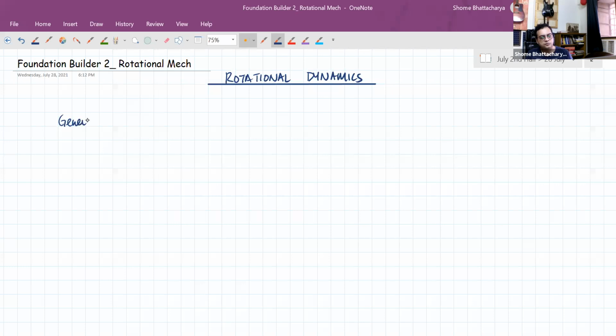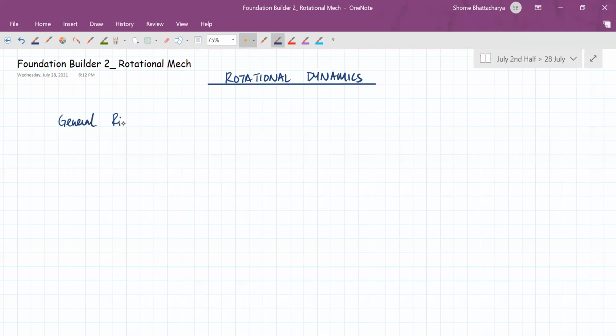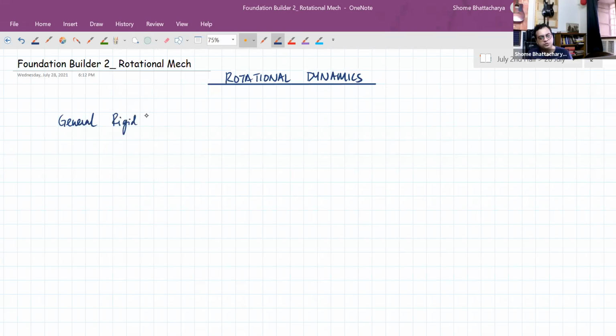So general rigid body motion, we saw, is a combination of translation and rotation occurring simultaneously.